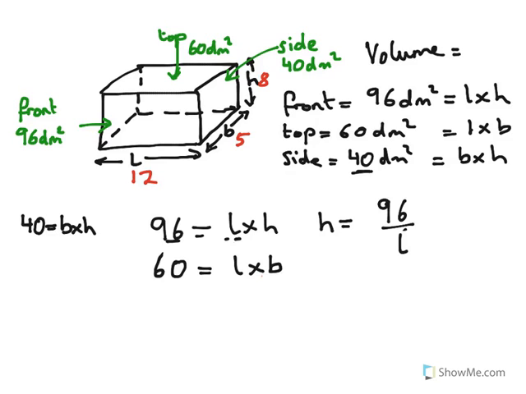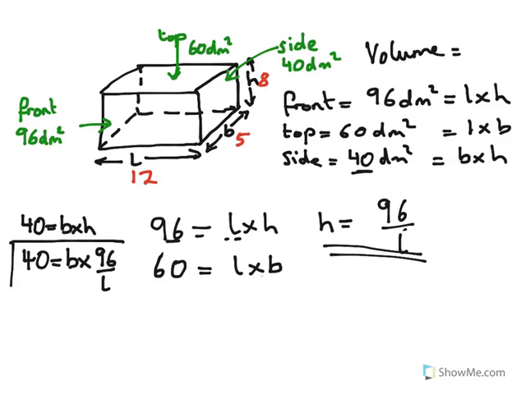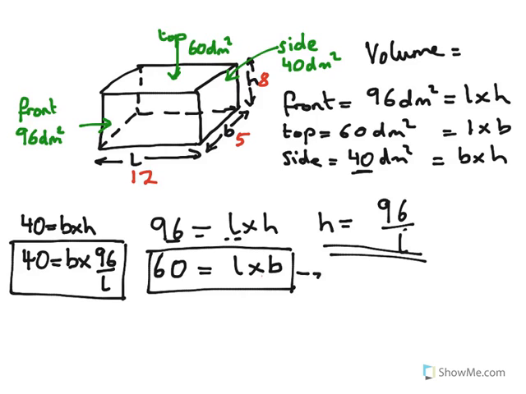But I do know what H is now, because I've already said that H is the same as 96 over L. So wherever I see H, I put in 96 over L. Why am I doing that? Well, it's actually giving me two equations here, where I have B and L in both of them. If I have two equations that both have B and L in them, I can solve them quite easily now.